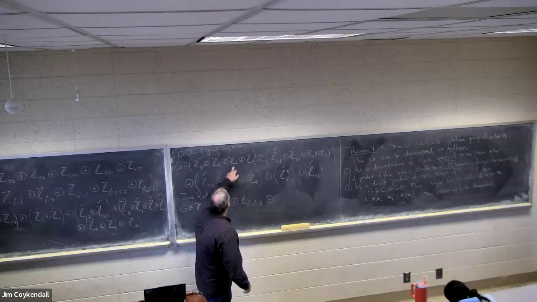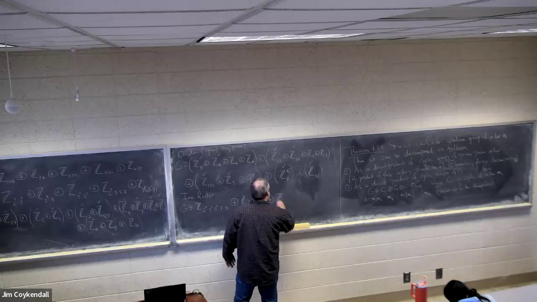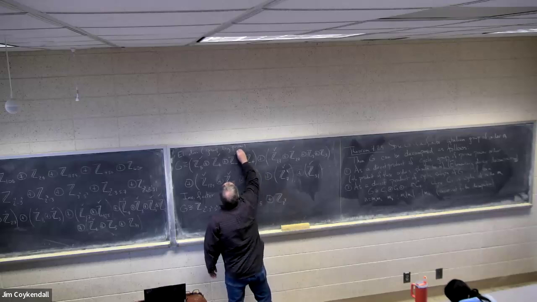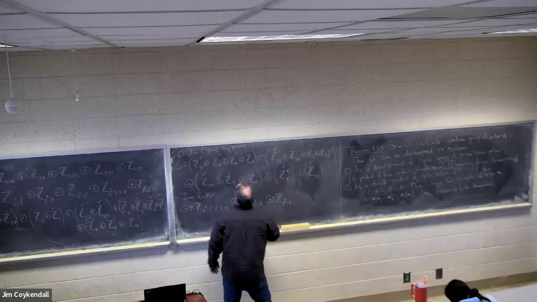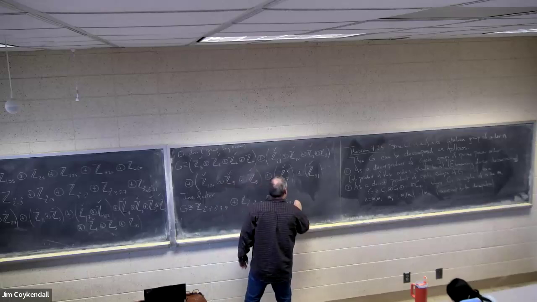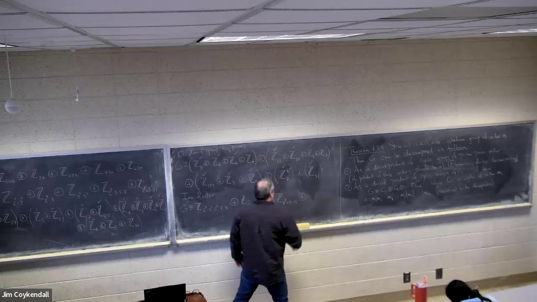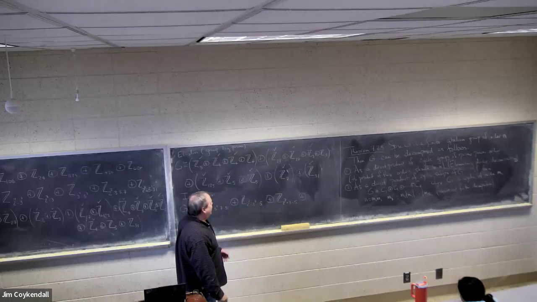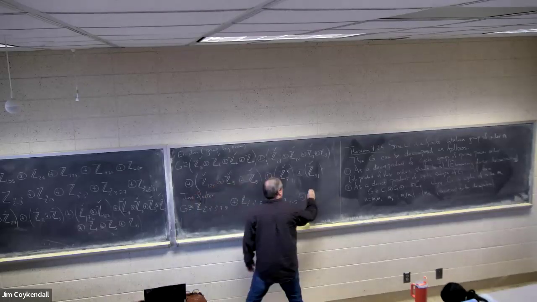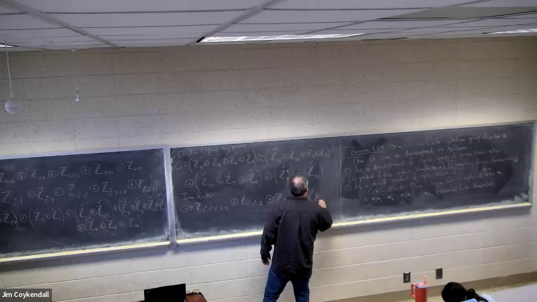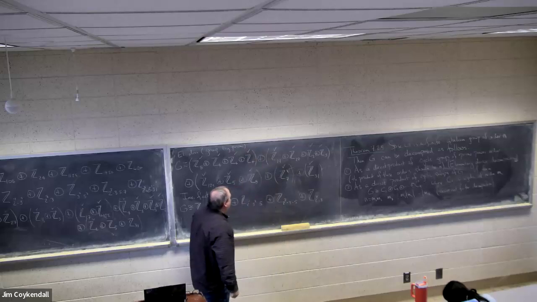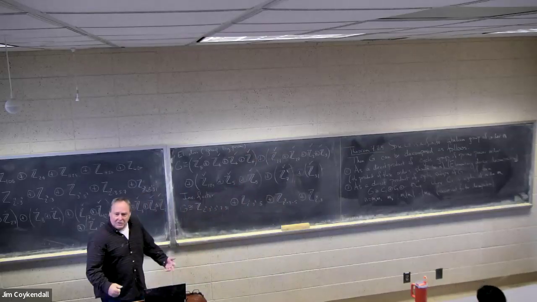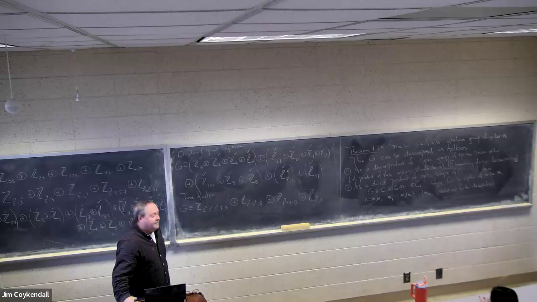Next one: Z4, Z3, Z5. There's the Z60 in there. And finally, your last one, Z4. And that is how you compute the invariant factor decomposition from that.